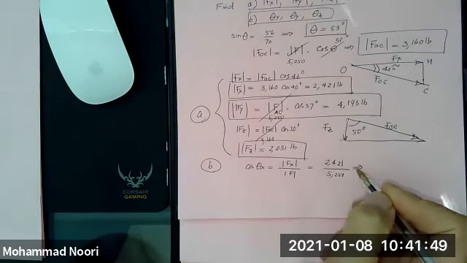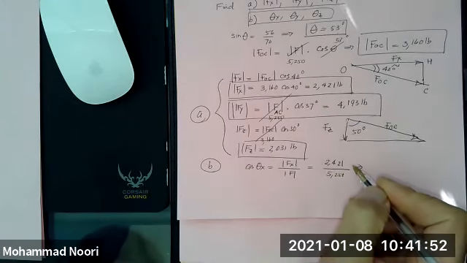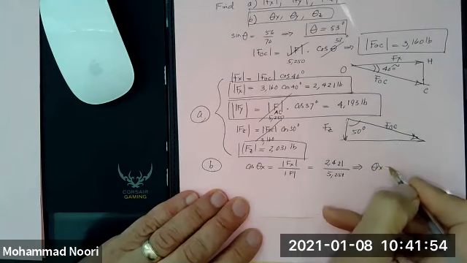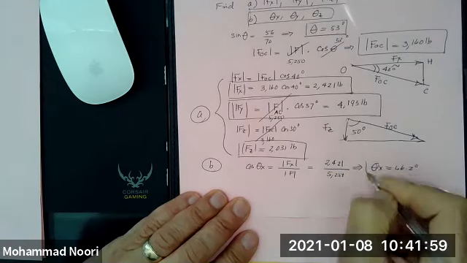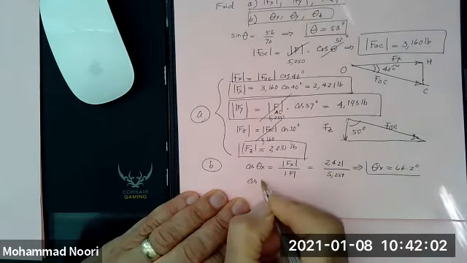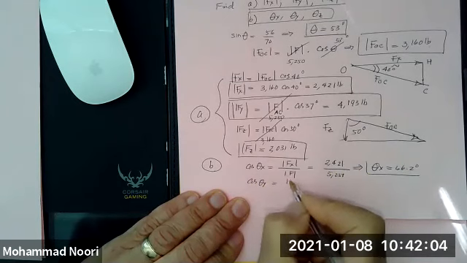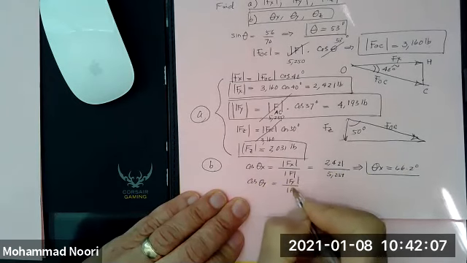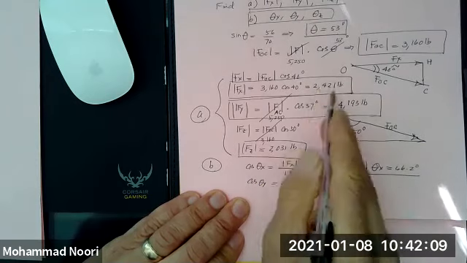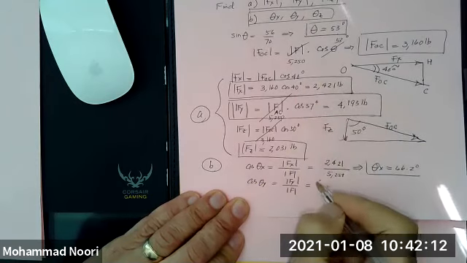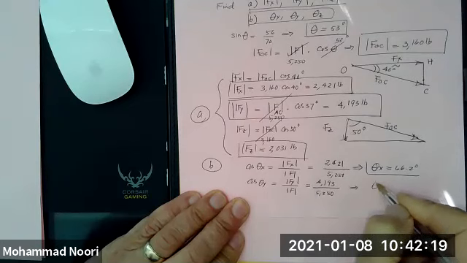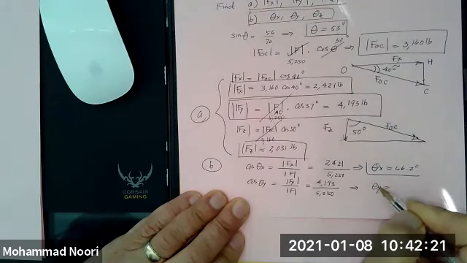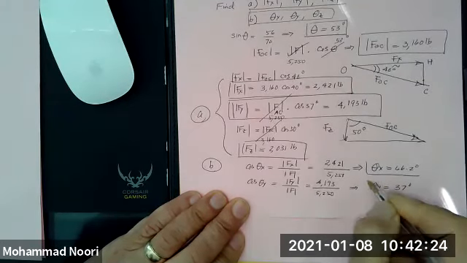So that will give me theta x, which comes out to be 66.2 degrees. Same thing with cosine theta y, the magnitude of f sub y over the magnitude of f. So this is f sub y, 4,193 divided by 5,250. So I can find theta y to be 37 degrees.